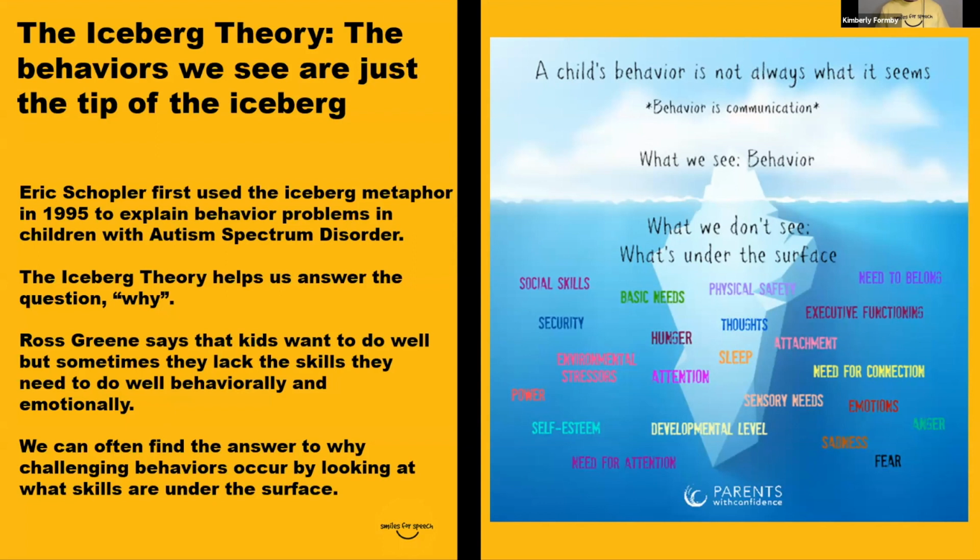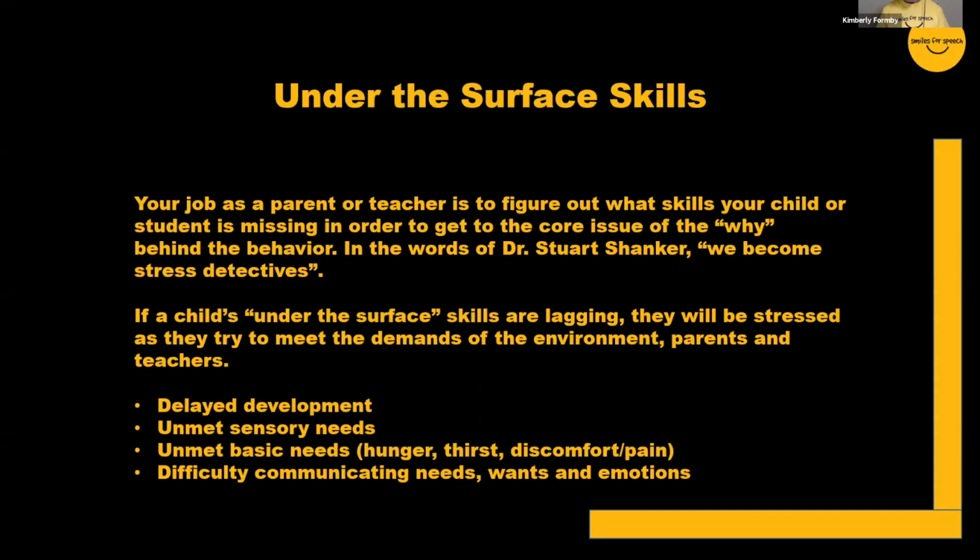They may be having feelings that they're unable to express to us, they're unable to communicate to us. They may be not able to communicate some of their basic needs. I'm hungry, I'm thirsty, I'm hot, I'm cold. So we see those behaviors on the tip of the iceberg occurring as a result of that child's difficulty. So those are some of the under the surface skills.